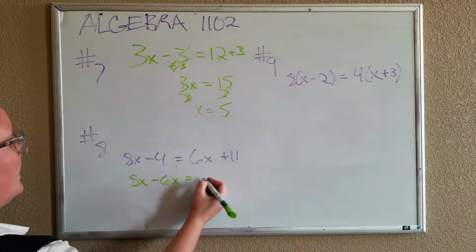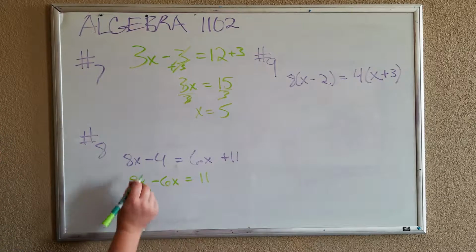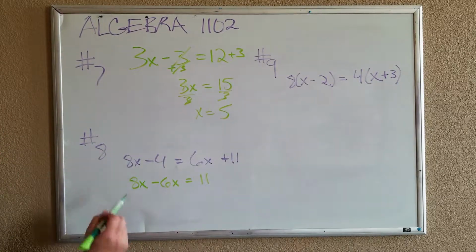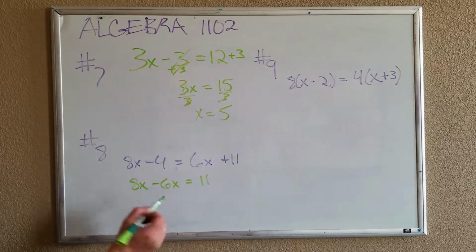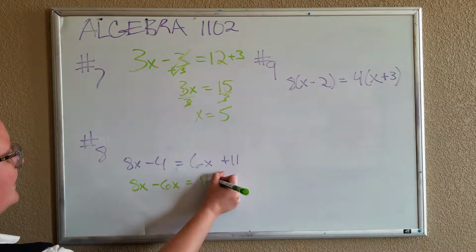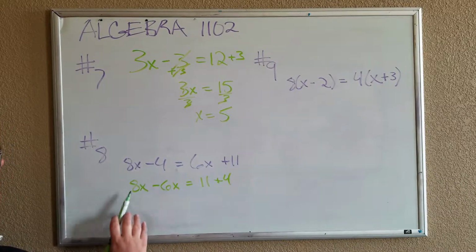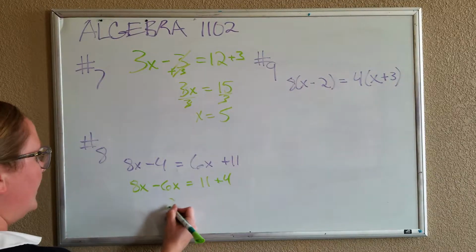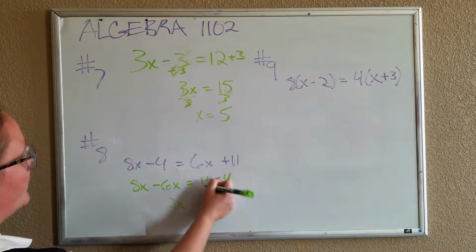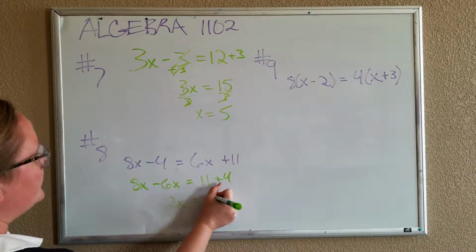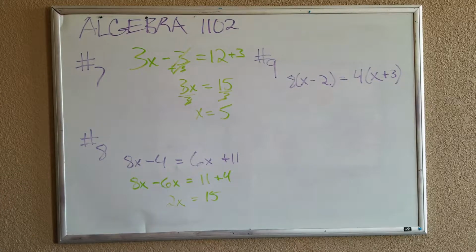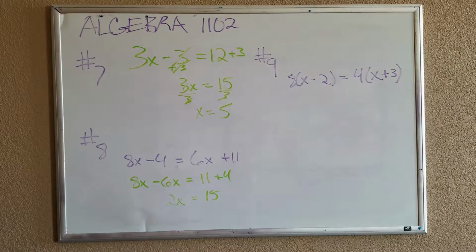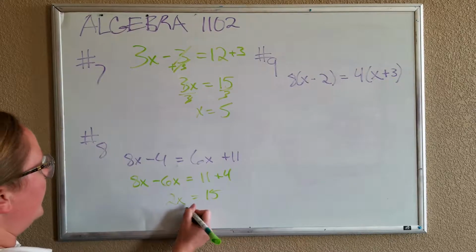Over here, we already have this 11. We didn't move it, but we want to move this 4 because it's over here with the variables. It's subtracted, so the opposite of subtraction is addition. All right, 8 minus 6 is 2x. 11 plus 4 is 15. All right, and then to divide, you're going to divide by the 2, right?